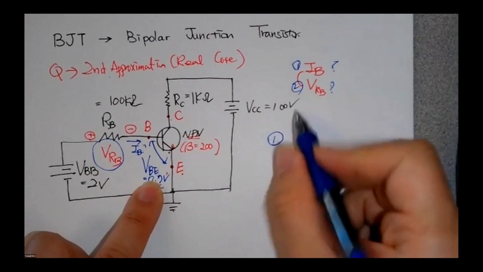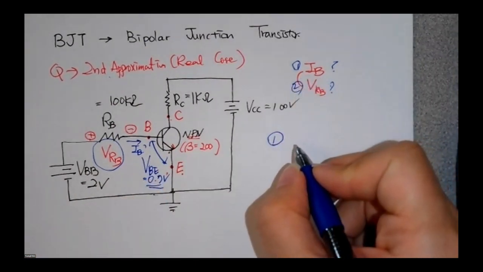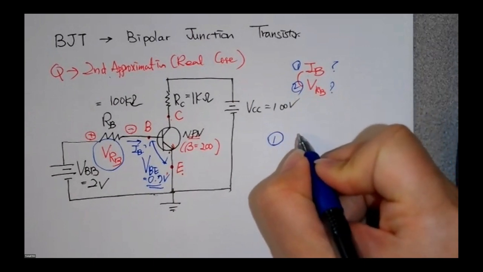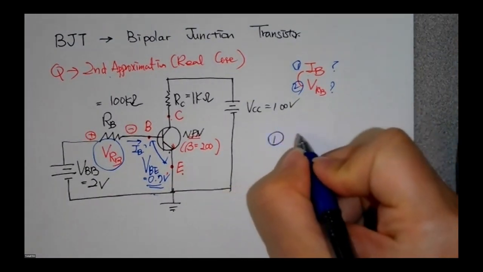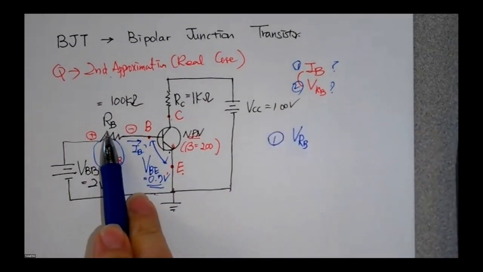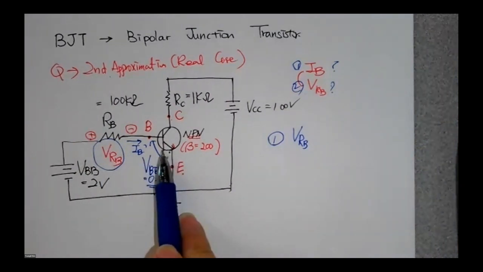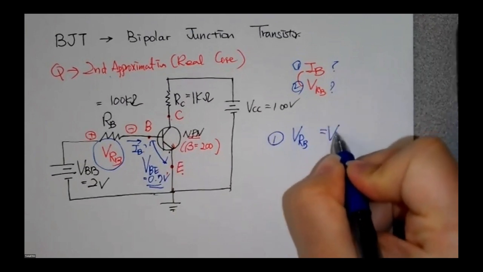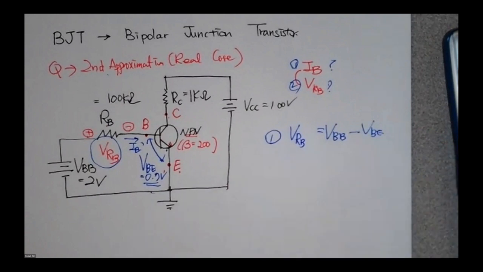So to find I sub B, let's say V sub RB is V sub BB minus V sub BE. Why?